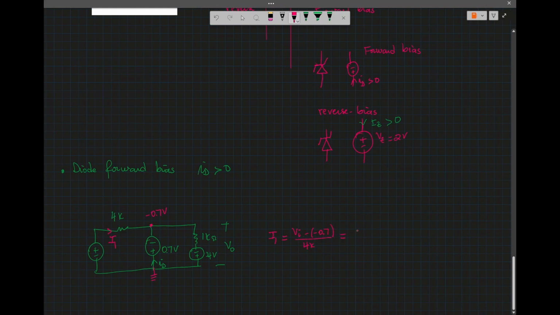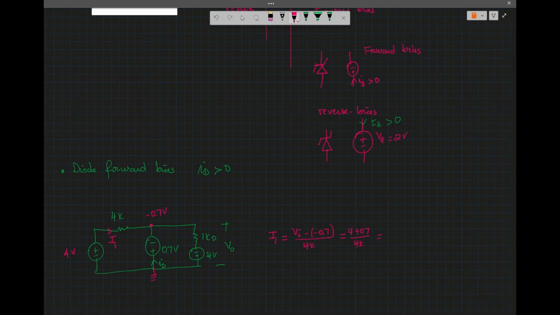VI is 4 volt, so 4 plus 0.7 over 4K, which is 4.7 divided by 4. Let me enter that in the calculator.